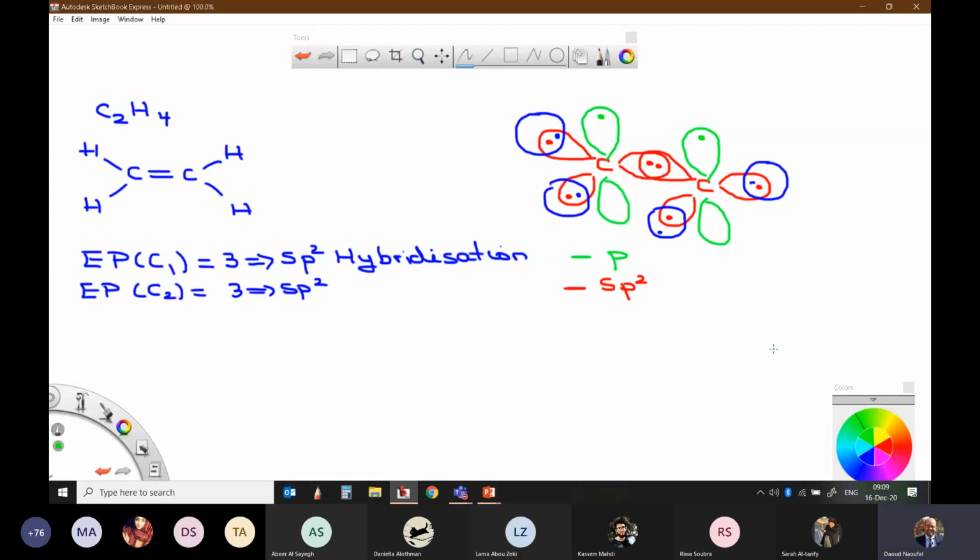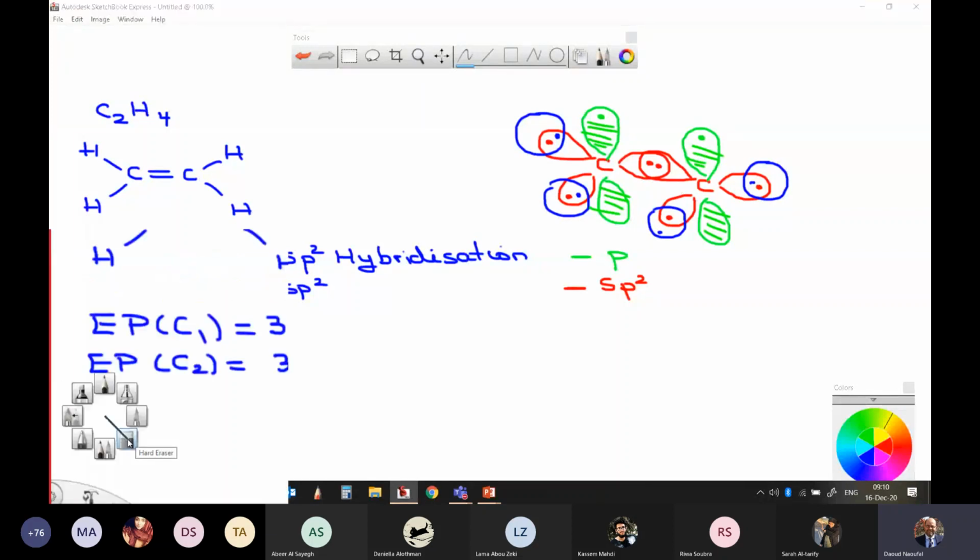Remember that this orbital is a p orbital. So we have a p orbital containing a single electron and another p orbital containing a single electron.